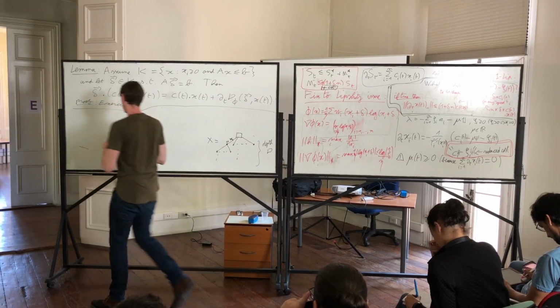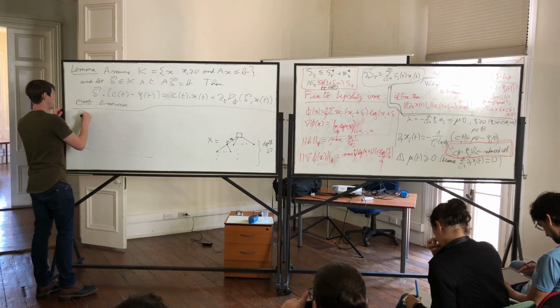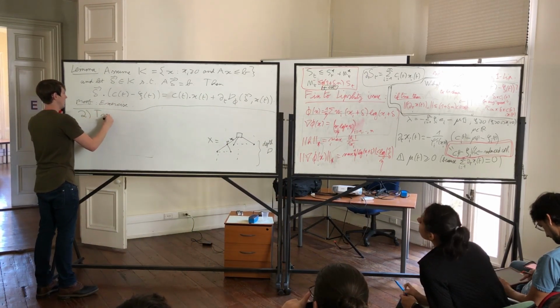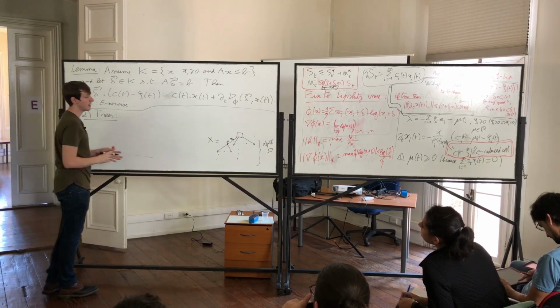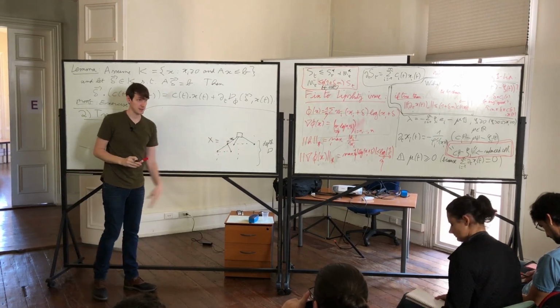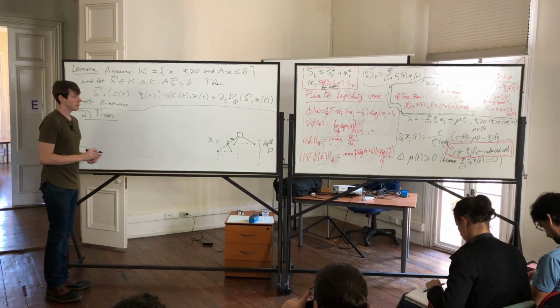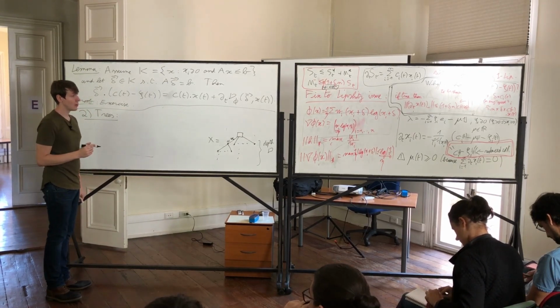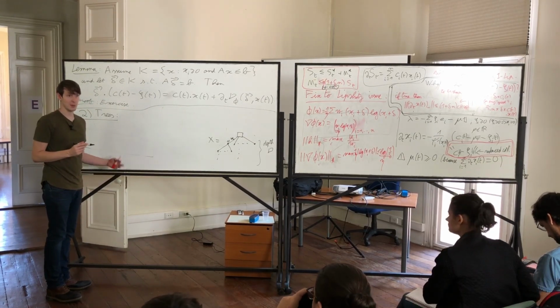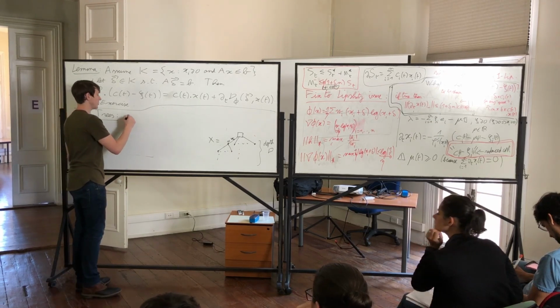Okay, so let's move to the tree case. Again, now our metric space is this. The first thing I want to say is what the norm for the movement is.